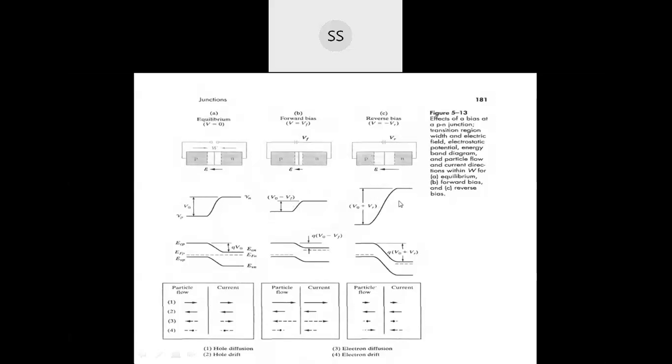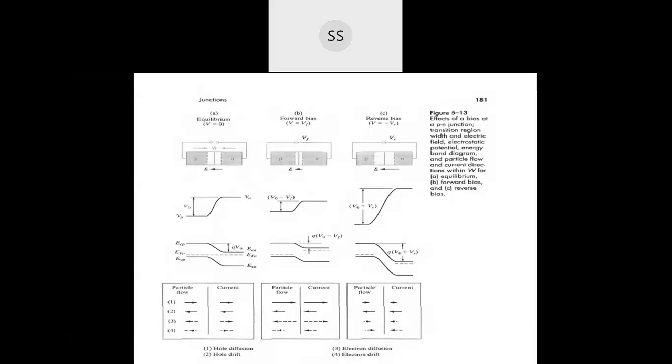Whereas under reverse bias condition, because of this increased separation between the potentials, the diffusion current is almost equal to 0. Okay. So like this, all the parameters related to this PN junction are affected in their magnitudes whenever either a positive potential or a negative reverse potential is applied across the junction.